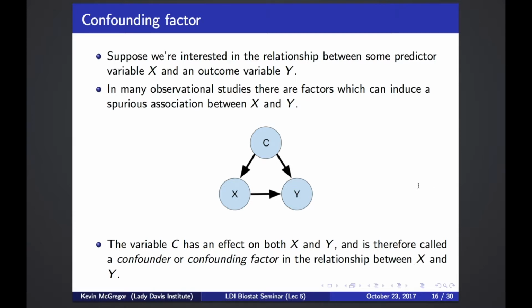Basically, it can affect both x and y and make it seem as if there's an association between the two. My favorite example, something we use in biostatistics and epidemiology very often, is where x is yellow fingers and y is lung cancer, so you're looking at the relationship between yellow fingers and lung cancer. If you were to do this association, you would probably see a pretty strong effect, right?